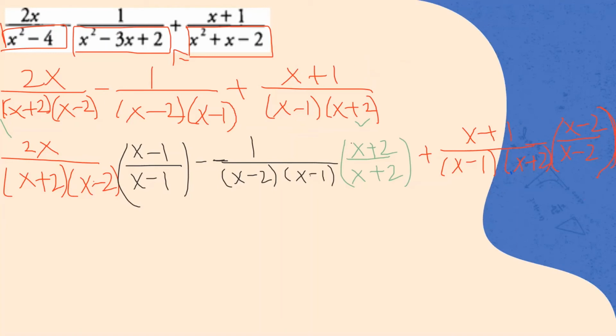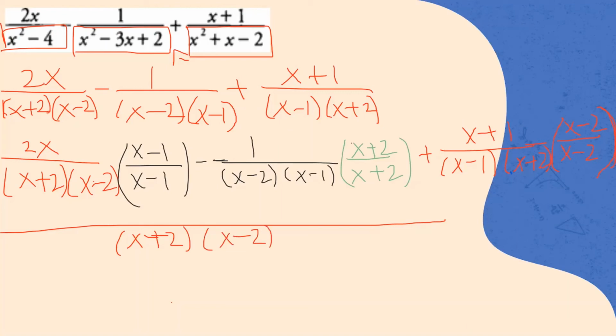Yep, because all of your fractions now have the exact same denominator. And when you have that, you can bring the denominators down. So x plus 2, it does not matter which order you write them in. So that and x minus 1.